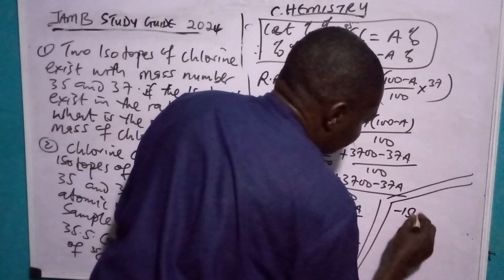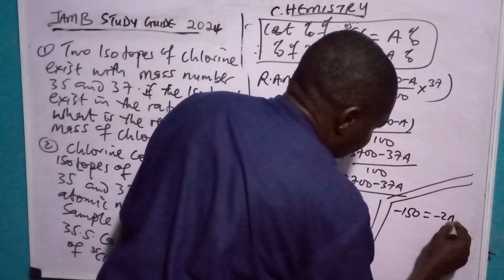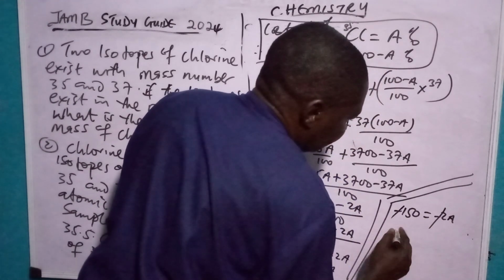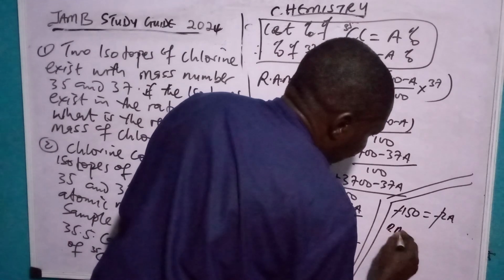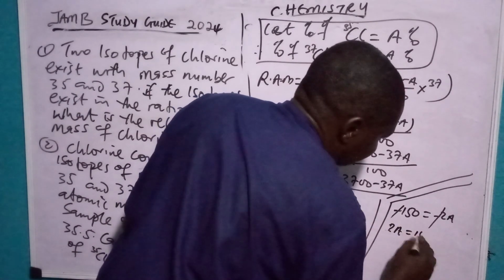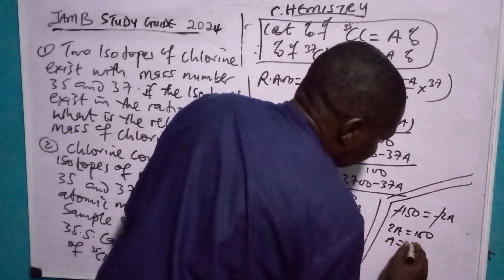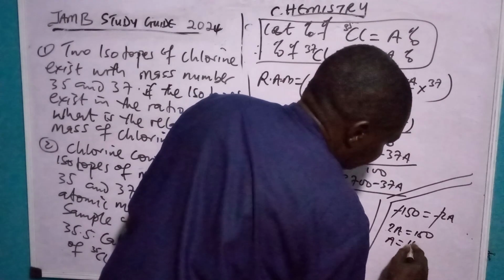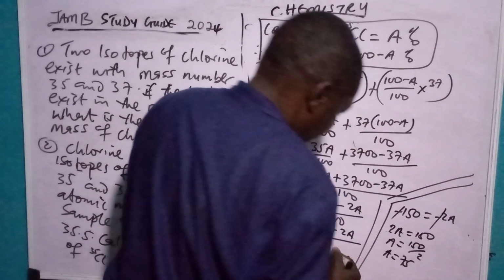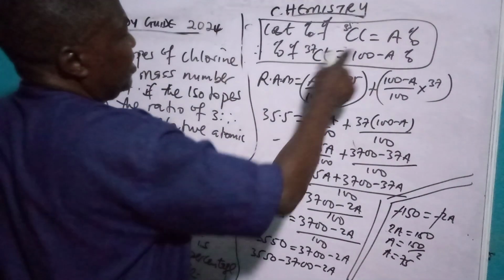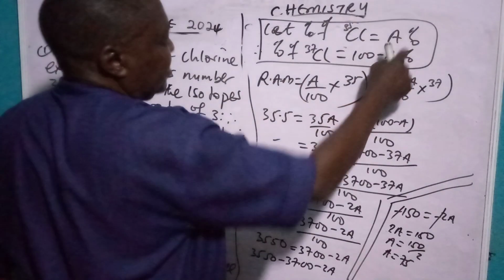Minus 150 equals minus 2A. Cancel the negative signs. 2A equals 150. A equals 150 over 2. A equals 75.